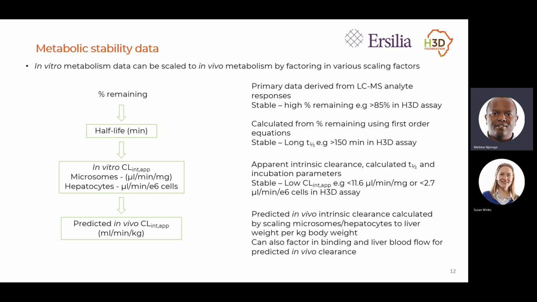Clearance, on the other hand, as you'll notice, we are looking at clearance in terms of the microliters of the incubation that I performed, per minute of time that I used, per milligram of microsomal protein that I used.